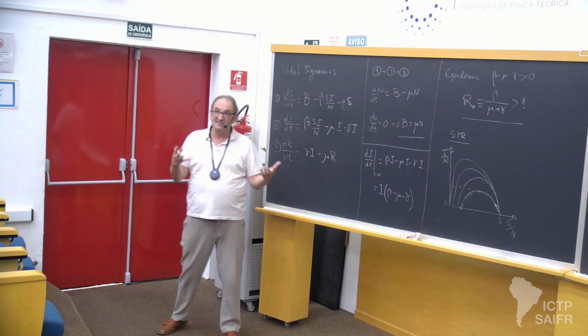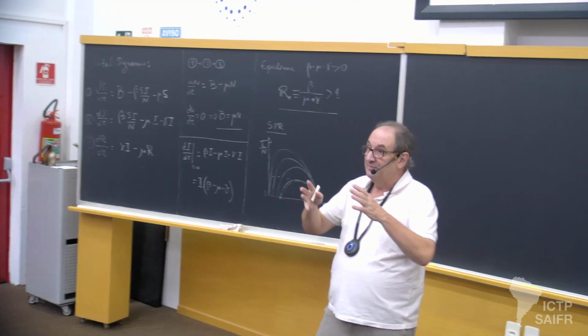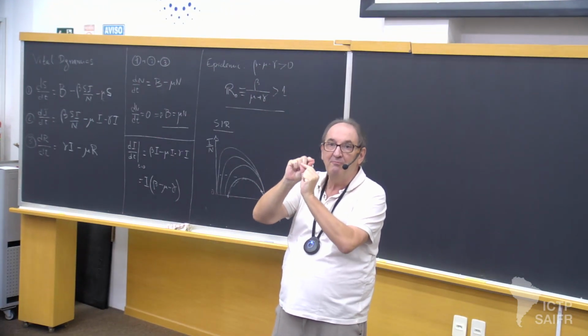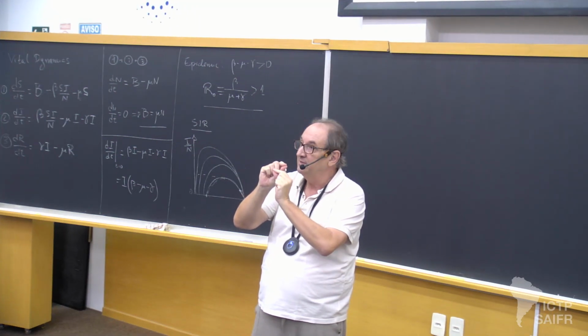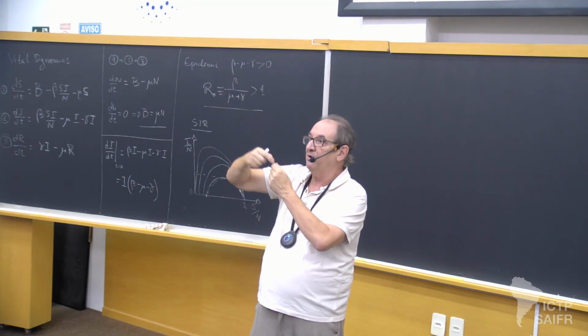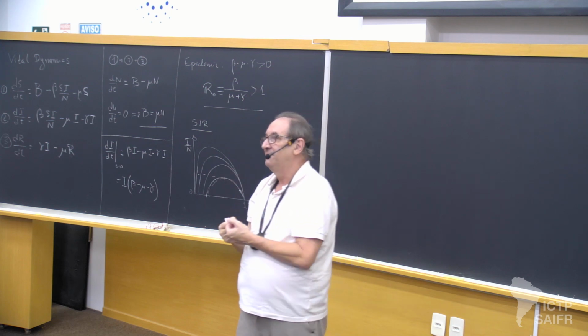And our question is, will this small perturbation from the value of the fixed point increase in time and drift away from the fixed point, or will it just return to the fixed point?